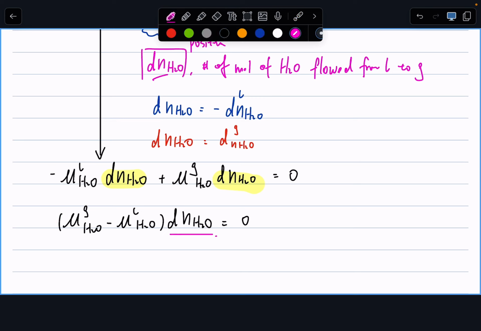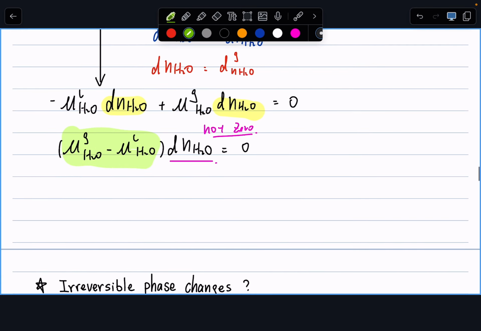We know that dNH2O is a positive, non-zero number, so even at equilibrium my infinitesimal change of the number of moles of water is not 0. That tells us my first term, the chemical potential term, must be equal to each other.